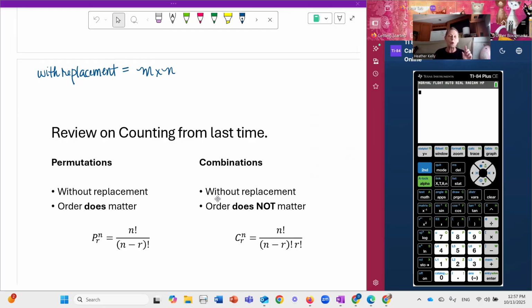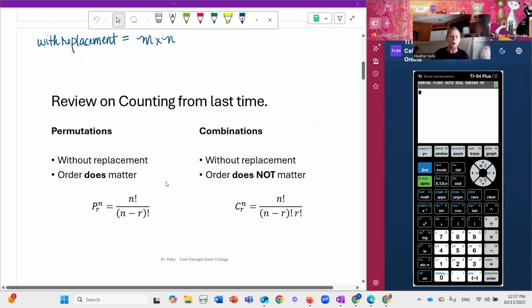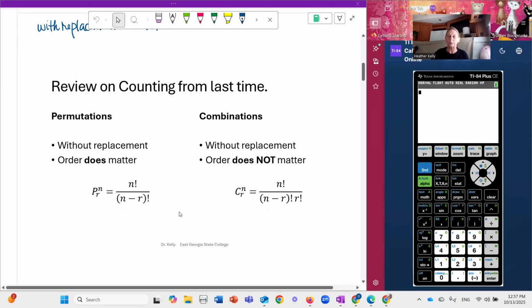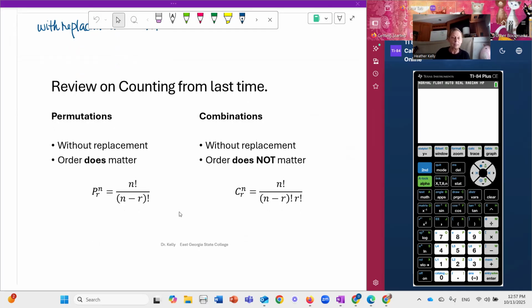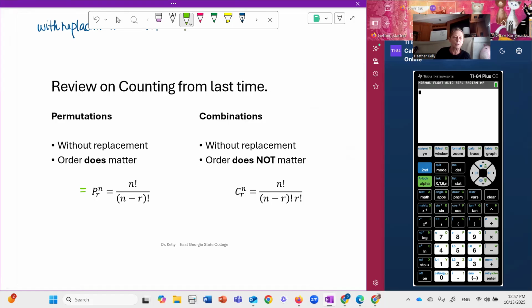Okay. And that brought us to the two different kinds of problems and the two different formulas that we were able to use on our calculators, right? We had the nPr and the nCr. And remember that this is just the weird notation that my software has to use, but this is what it looks like on your calculator.